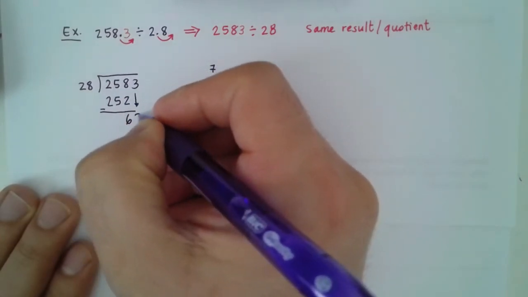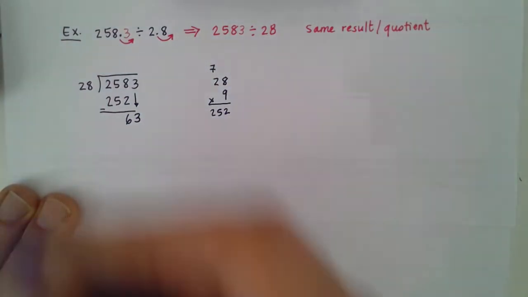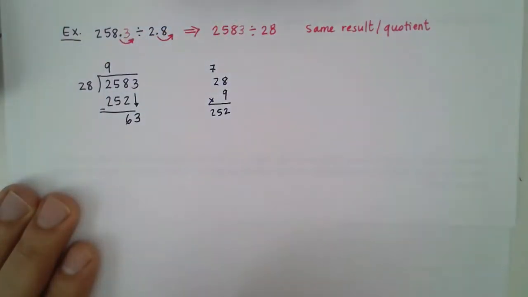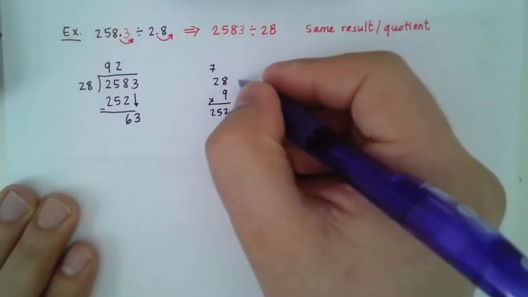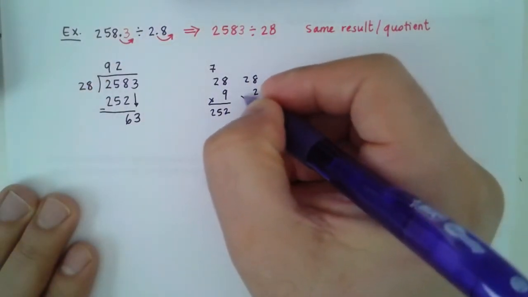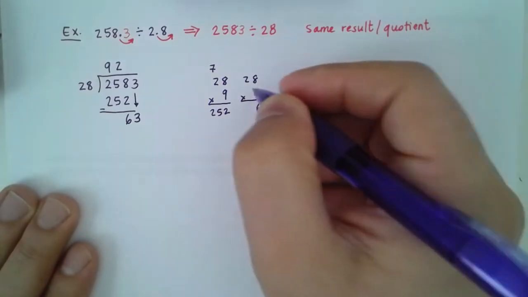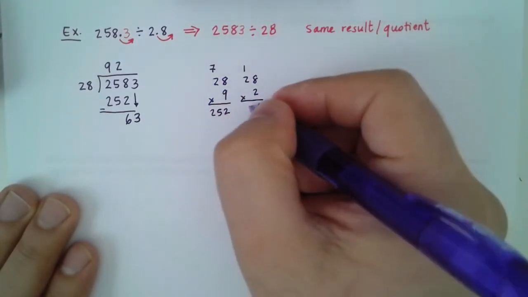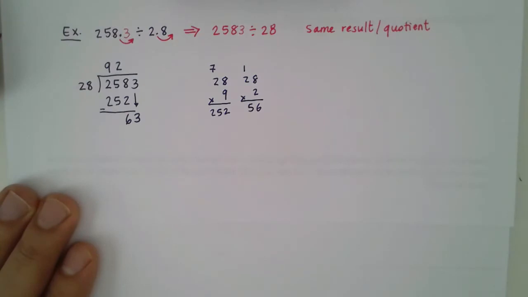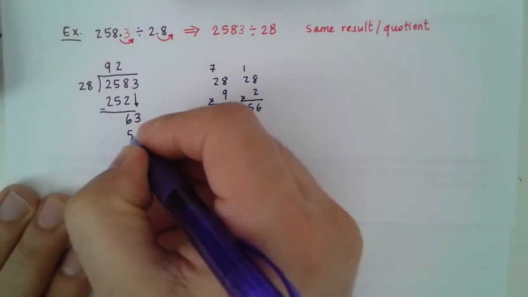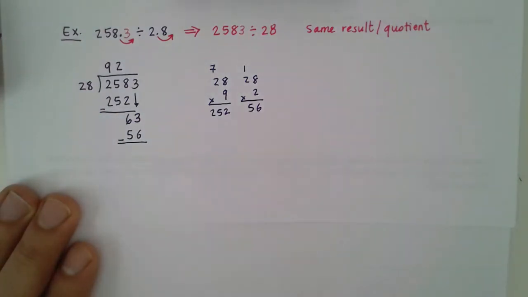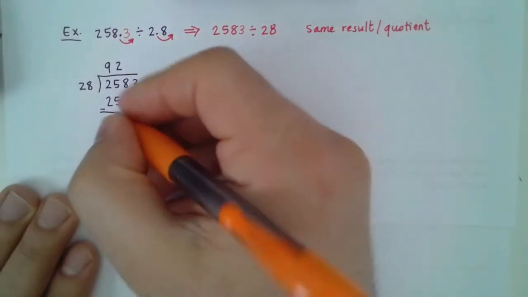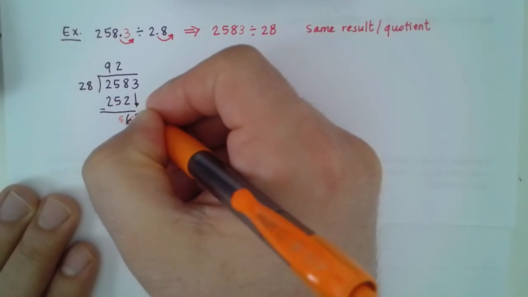Pull that 3 down, we have 63. 28 goes into 63 twice. You can check 28 times 2. It's 6, and then carry 1. 2 times 2 is 4, plus 1, 5, it's 56. Let's subtract that. You can just borrow 1 digit, so that's going to be 5, and that's going to be 13.